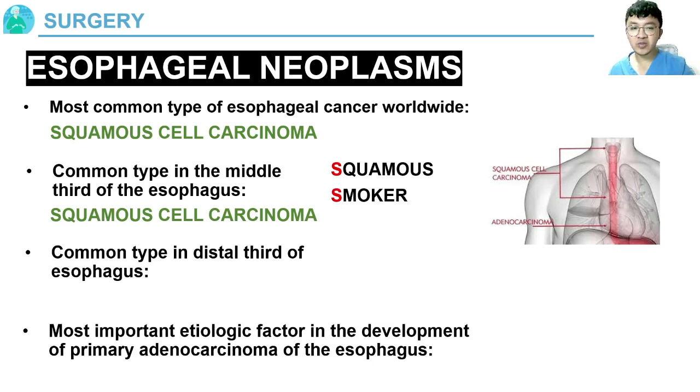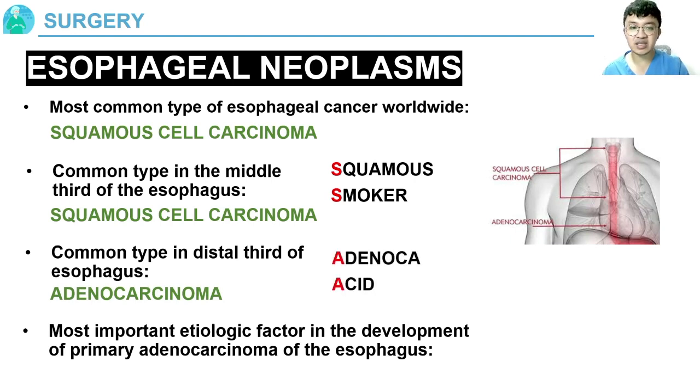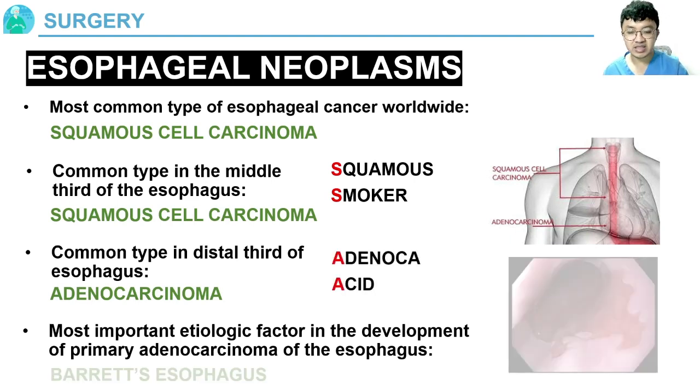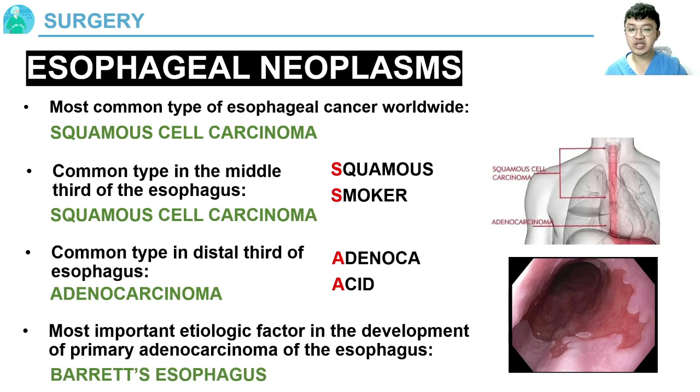Common in the distal third of the esophagus, you have your adenocarcinoma, because the risk factor for adenocarcinoma is Barrett's esophagus. Barrett's is a metaplasia of the normal squamous epithelium of the esophagus to a more intestinalized columnar epithelium. Your esophagus is supposed to have squamous epithelium.